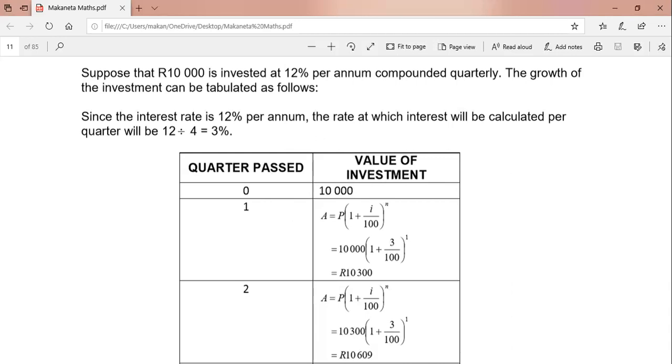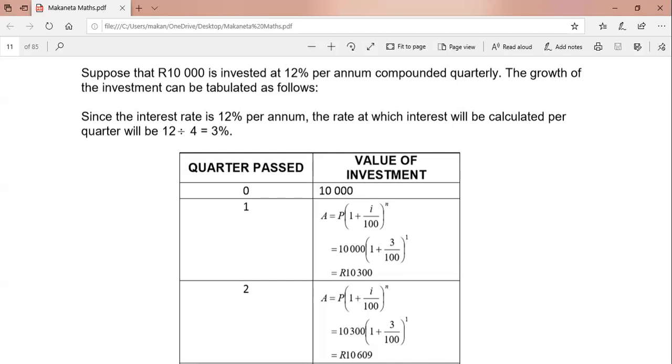So if this investment was made in the beginning of the year, on the 1st of January, it means on the 31st of March, because 31st of March will be the end of your first quarter. It means that by the end of March, your value will be 10,300 rands. And then you do the same with the second quarter.